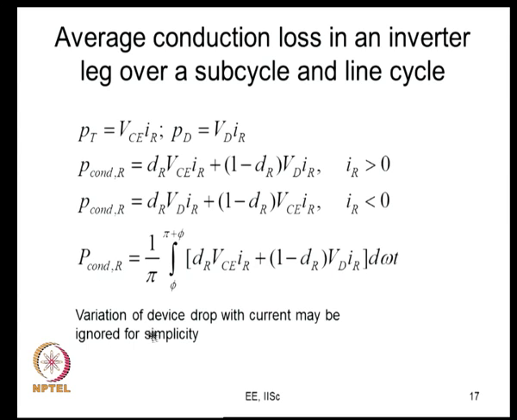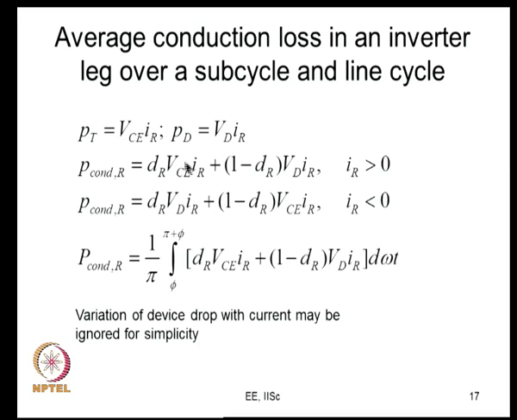As I mentioned here, the variation of device drop may be ignored for simplicity. We can take the typical forward drop of the IGBT, and that would give a reasonable measure of the conduction loss. But we want a safe measure, that is, when you are designing, you want to know the worst case loss, you want to be sure that the loss is not going to be more than so much. So, you could normally go by the maximum VCE.